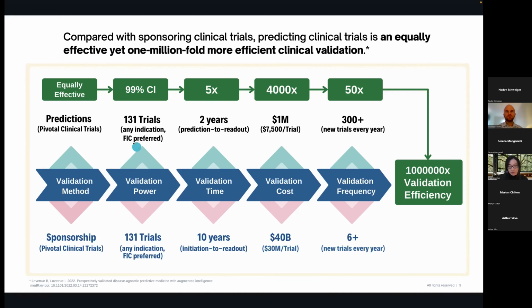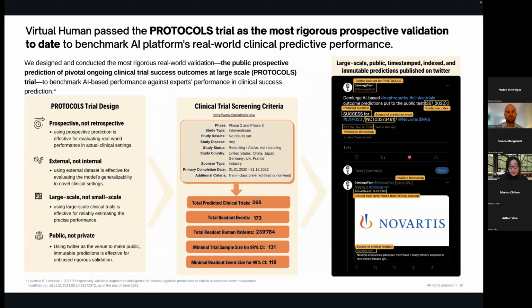to be able to not limit ourselves to specific indications. So it's a brainchild of the multi-party collaboration to come up with this clinical prediction as the best way to benchmark the performance.